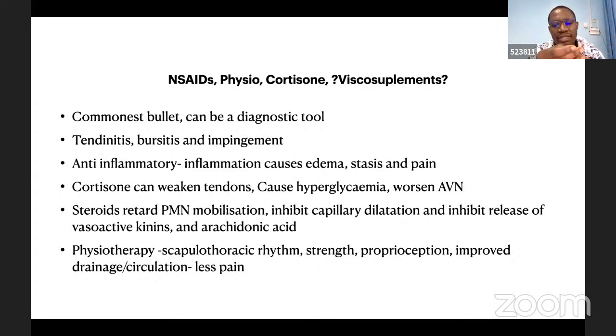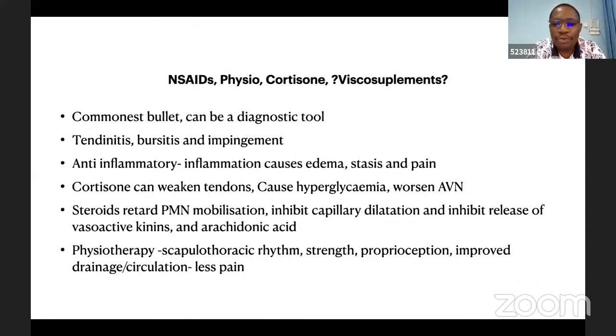And also lately, we think that it also prevents release of arachidonic acid from the phospholipids. By this way, steroids actually are very effective anti-inflammatory medication. One must know that a steroid alone will take some time because of its mechanism of action, it has to go to the cell, to the nucleus and stuff like that. And so it takes a few days for the steroids to be effective.